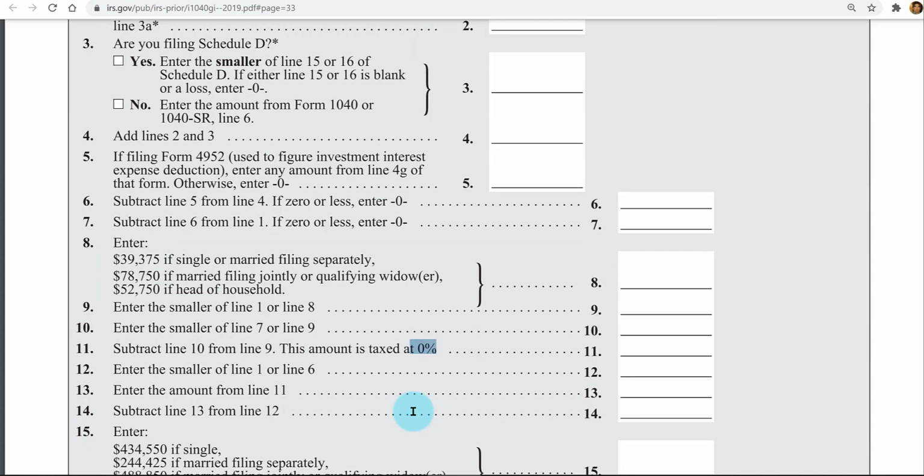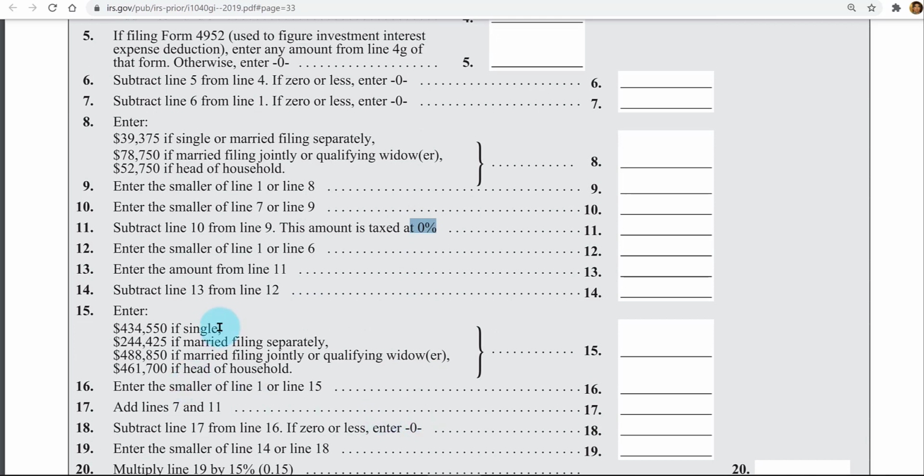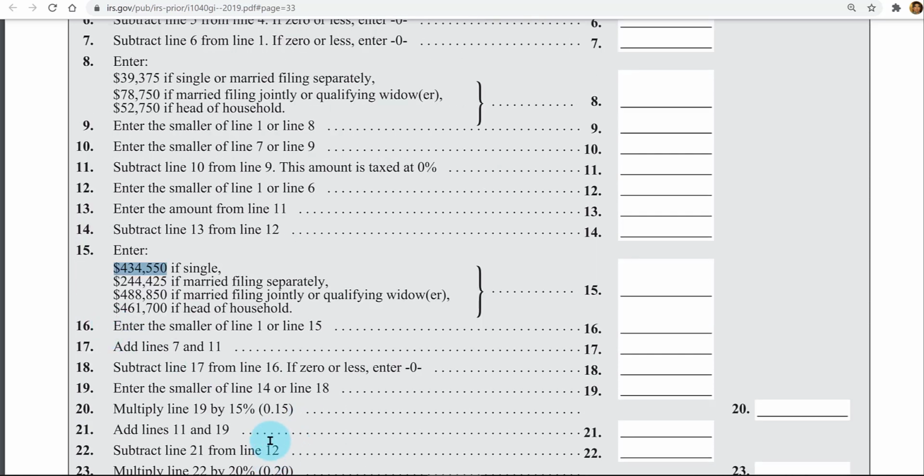Now, if you're wealthy, make a lot of money during the year, and you're single filing status, and you make more than this amount, your qualified dividends, not ordinary, but the qualified dividends, are going to be taxed at 20%. Married filing jointly, if you make more than this, your qualified dividend is taxed at 20%.